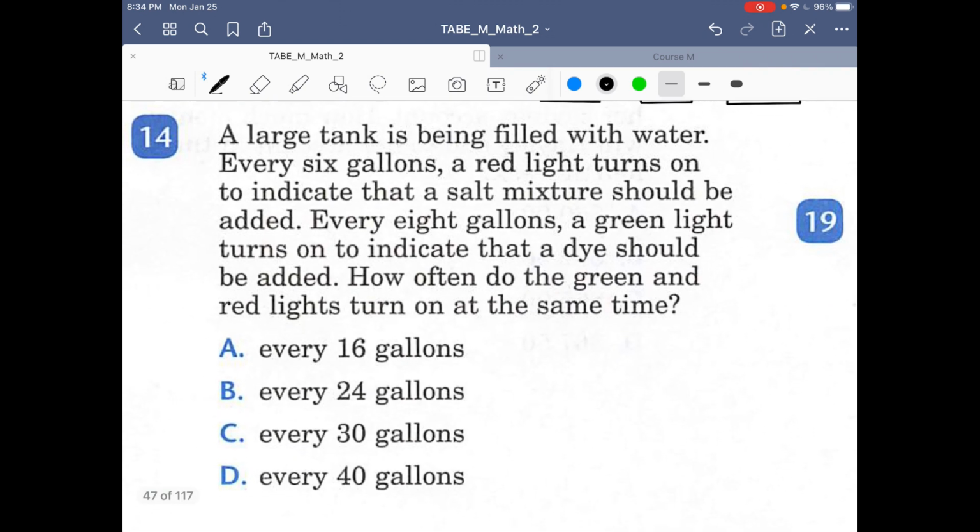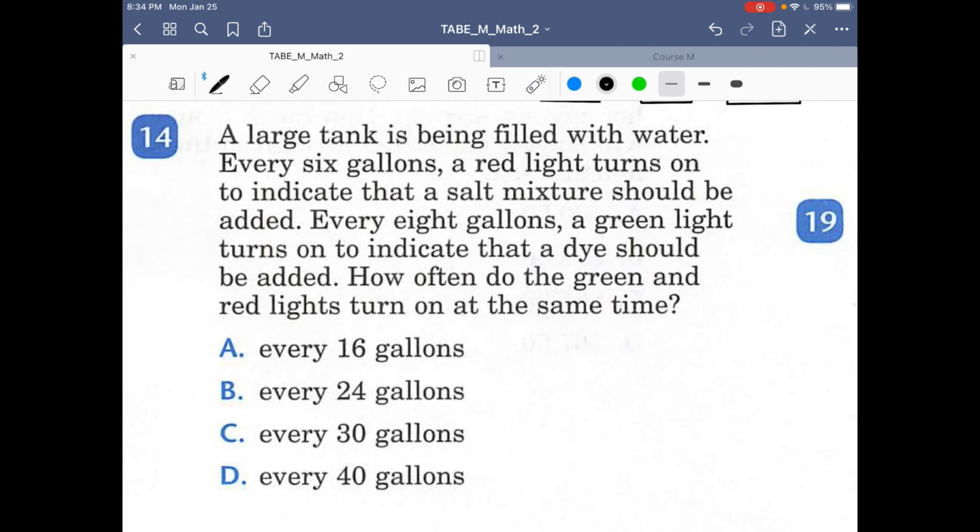Number 14. A large tank is being filled with water. Every 6 gallons, a red light turns on to indicate that a salt mixture should be added. Every 8 gallons, a green light turns on to indicate that a dye should be added.